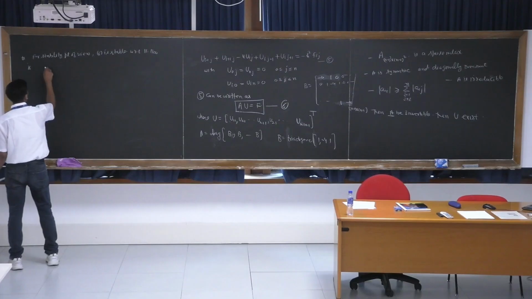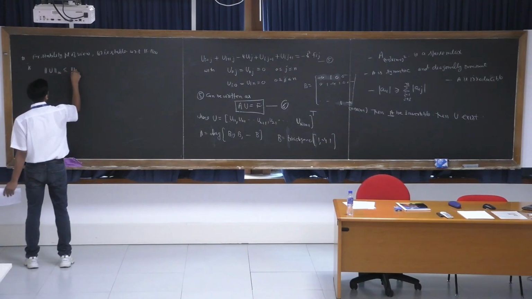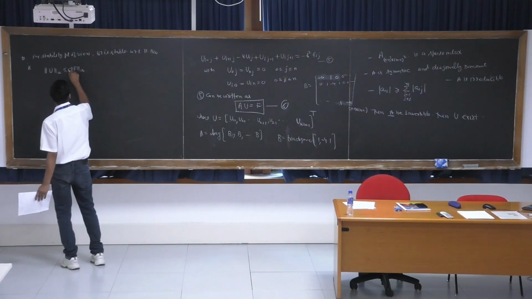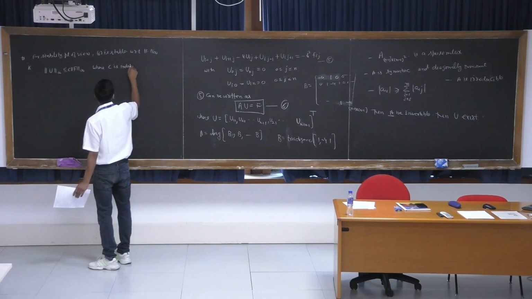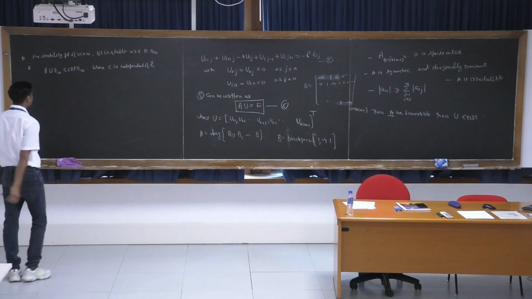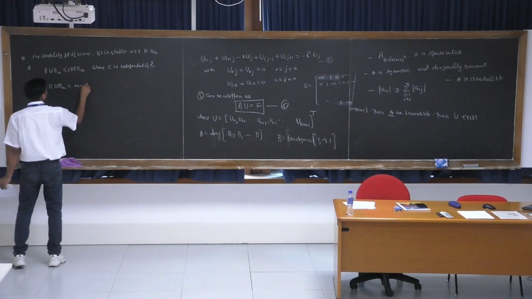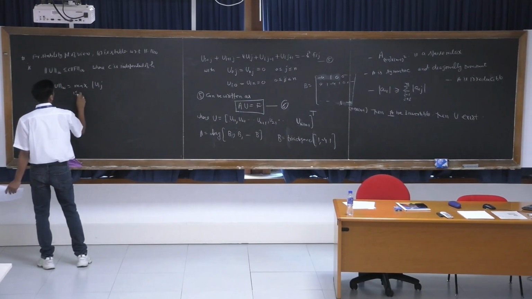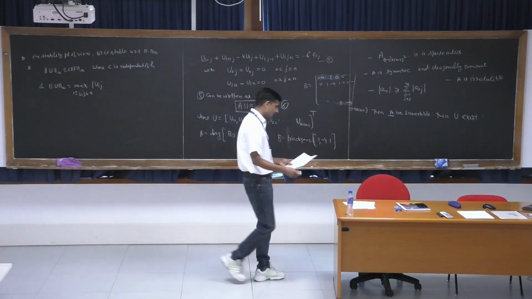This can be written as the L infinity norm of U is less than or equal to C times the norm of F, where C is independent of h. h is the step length, and this is the maximum of Uij, the maximum norm, or L infinity norm.